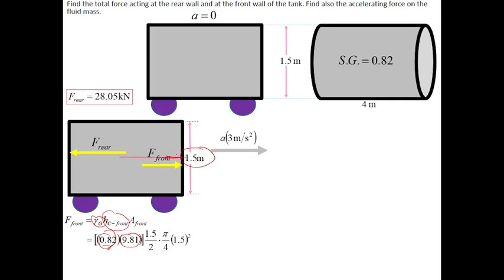So, yun yung ating para sa centroid, 0.75, kalahati ng 1.5. And then area front, circle yung front niya. So, pi over 4d squared, pi over 4, 1.5 squared. Okay? So, we will arrive with 10.66 kilonewtons. So, that is our front force, the force at the front wall of the tank, no?